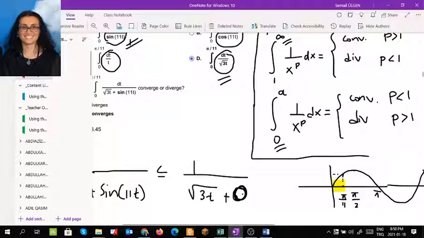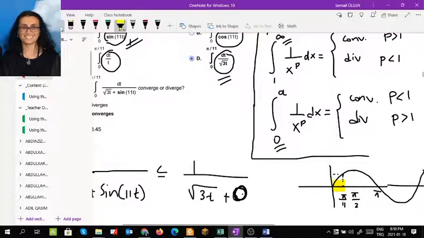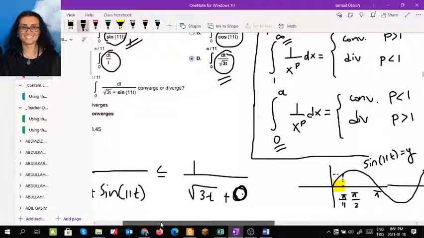We are talking about sine of 11t, y is equal to sine of 11t. In this graph, on this interval it is bigger than 0, so positive.